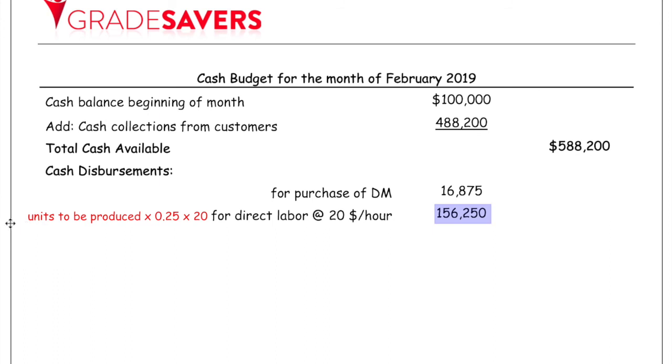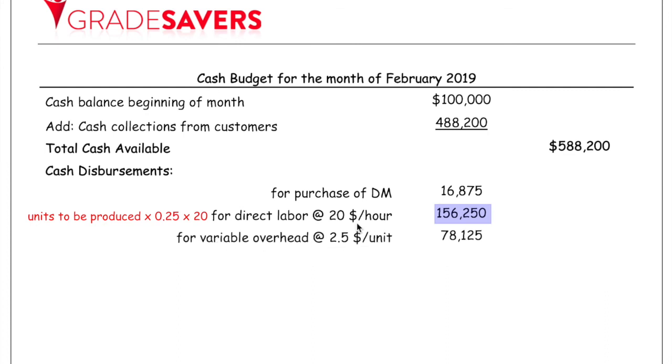So just to be sure that you understand how I got that value, I took the units to be produced for the month of February from our prior schedule, multiplied this by the amount of labor hours that it takes to produce one course pack, and then by the cost of labor.